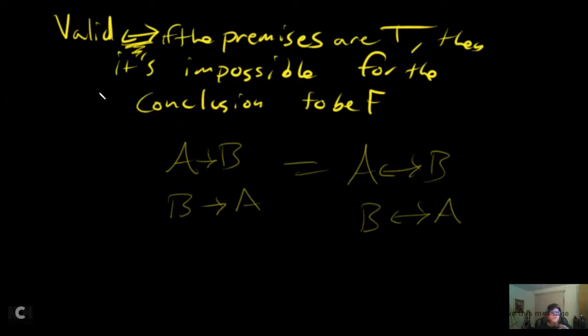And so that leads me to two rules that we can use with double arrows, with biconditionals. Let's get into it. This means that for double arrows, there are just two rules that we're going to deal with. The first one that I'll talk about is the notion of double arrow out.